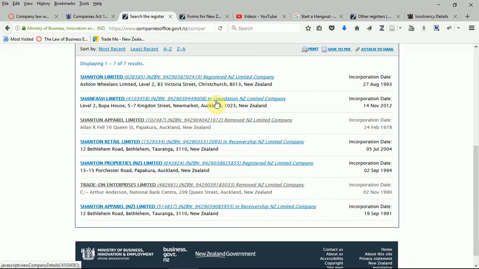Shanfash Limited is in liquidation. Shanton Apparel has already been removed after a receivership. Shanton Retail Limited is in receivership. This one's still going along. And this one's also in receivership. So let's just pick any of them in receivership to start.